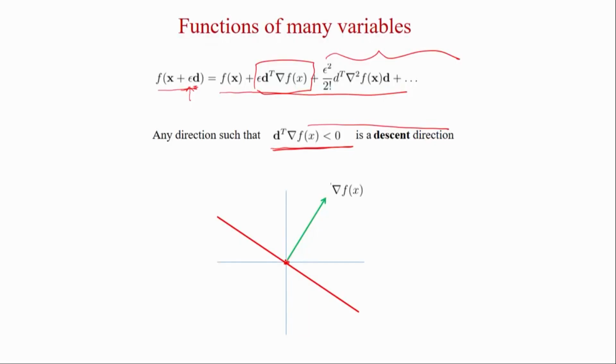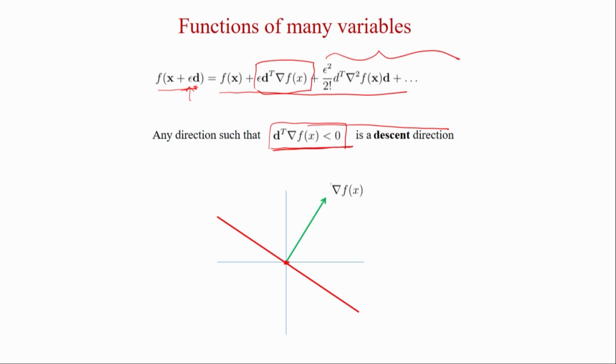If I move from this point, where the derivative is pointing in this direction, what are the directions in which I can move so that the function will reduce? We know it is given by this equation, d transpose del f of x is less than 0. But where is that in this picture?